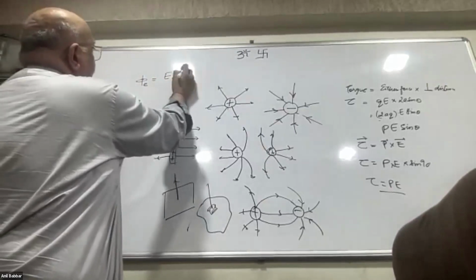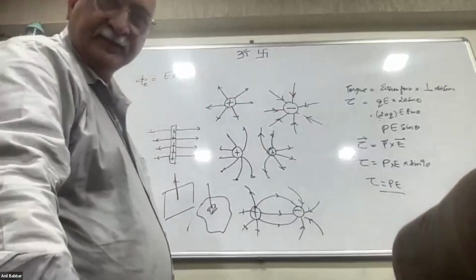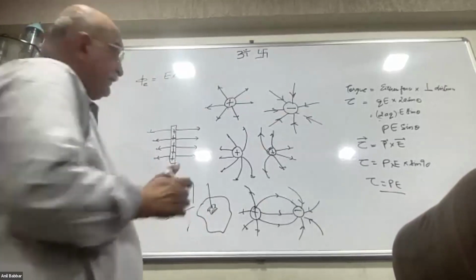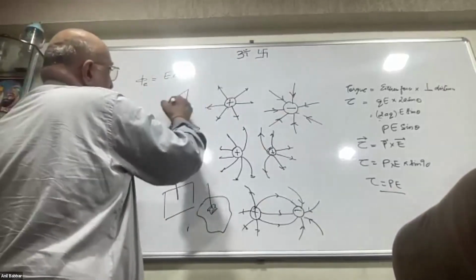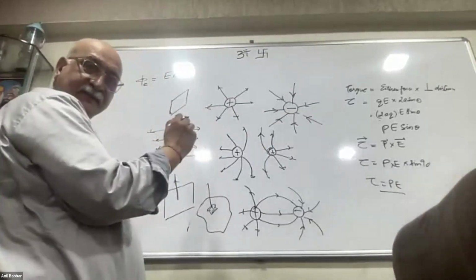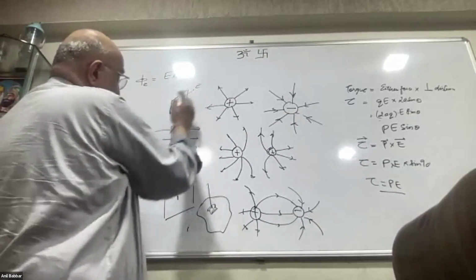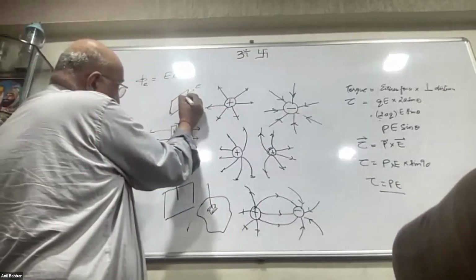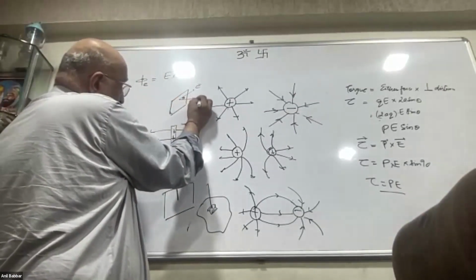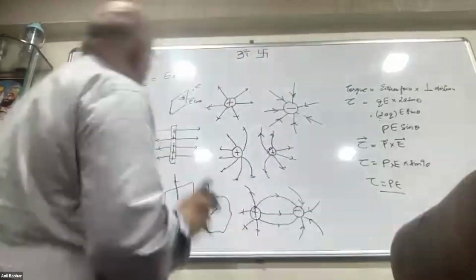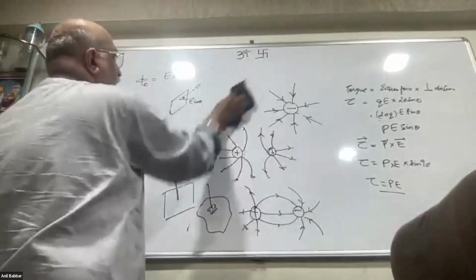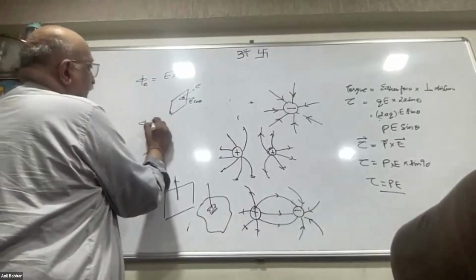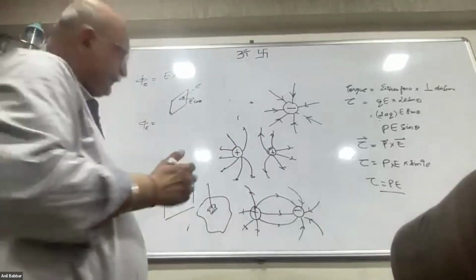So the electric field passes through an area, let's say delta S. When the field is at some angle to the surface, this is theta, and this component is E cos theta. Now flux will be E cos theta into S.